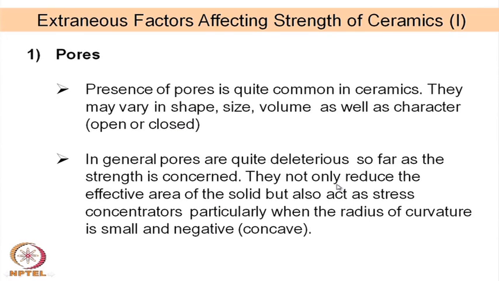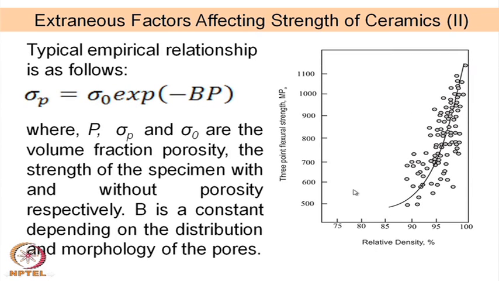Particularly when the radius of curvature of such pores at certain points is very small and concave in nature, it can act as a stress concentrator, and this will lead to failure. A typical empirical relationship as a function of porosity is: sigma p, the failure stress of the material with pores, equals sigma 0 exponential minus b p.